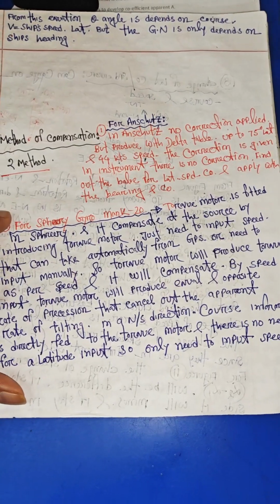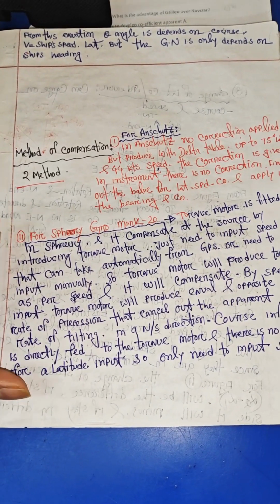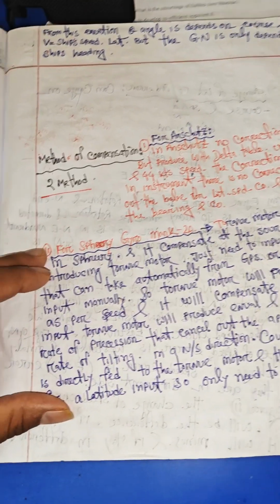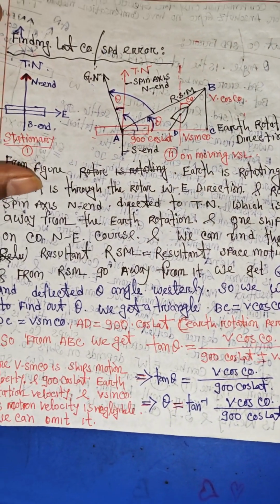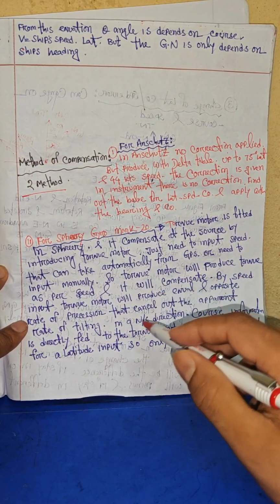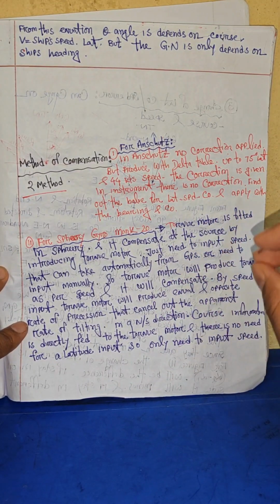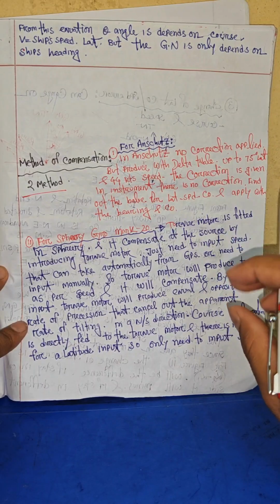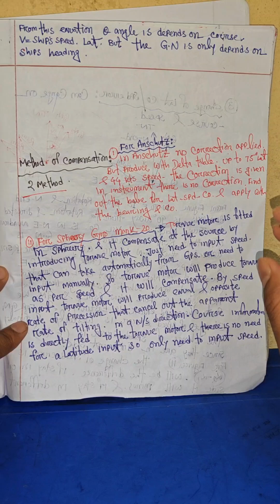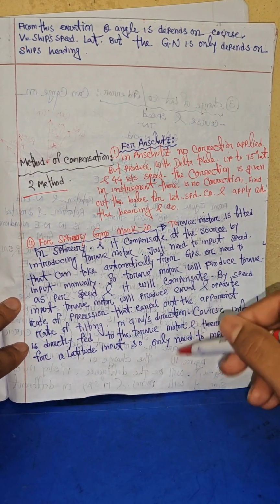Okay, guys, for the Sperry gyro compass the torque motor is fitted, so this torque motor produces sufficient torque as per the ship's speed, and it will compensate the latitude, course and speed error guys. Okay, so this is the compensation method in the Sperry gyro compass. There is a torque motor, you just input the speed manually or automatically, whatever. So it will produce the sufficient, opposite and equal torque or rate of precession to cancel out this apparent rate of tilting. So this much error will be corrected by the torque motor in the Sperry gyro compass.